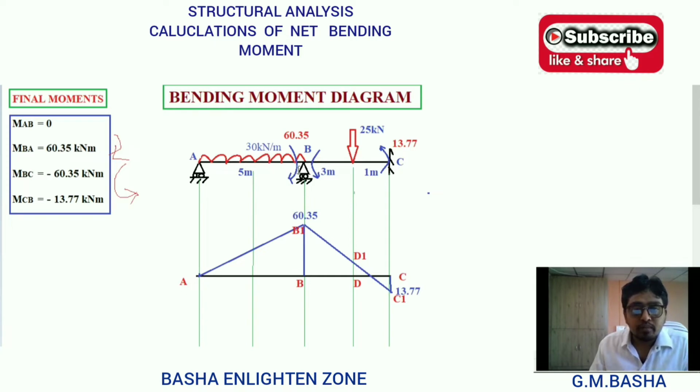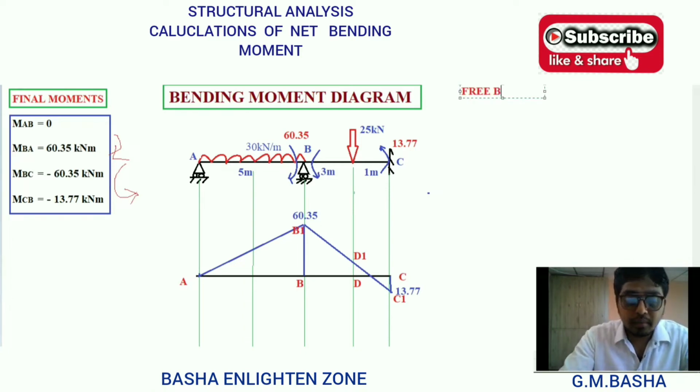Before that, please calculate the free bending moment diagram values, because we don't know which ordinate is higher. That is the reason I am telling you to calculate the free BMD for span AB. If a parabola is acting, your formula will be WL square by 8.